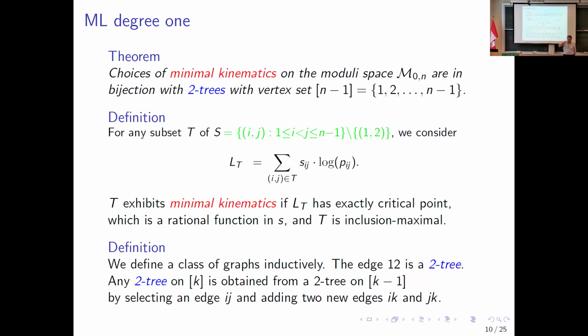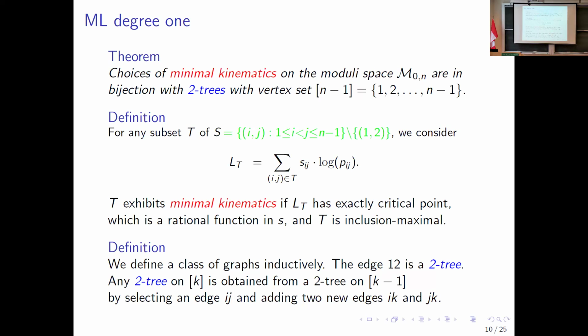When I hit 1 for the first time, what's left I call minimal kinematics. Since there's only one critical point, the coordinates of that critical point will be a rational function in S. If you have a polynomial system that depends polynomially on parameters and it has only one solution, then that solution will be rational in the parameters. Those are the rational functions I'm going to be interested in.